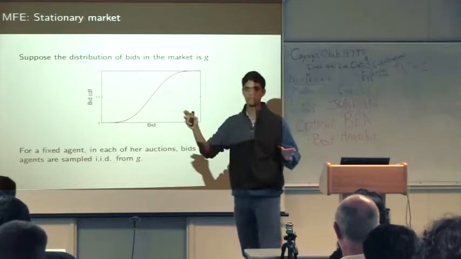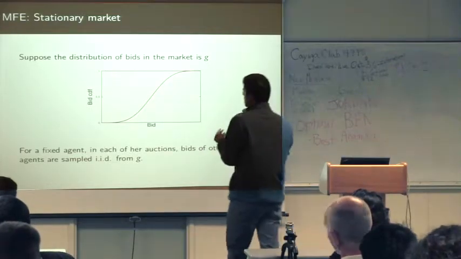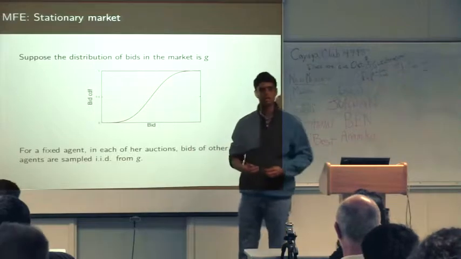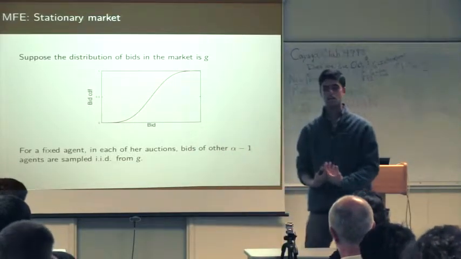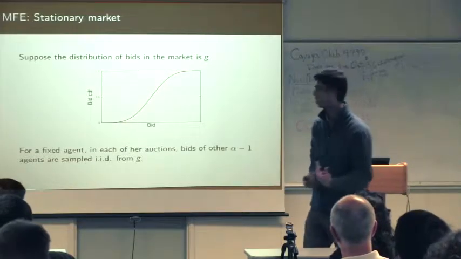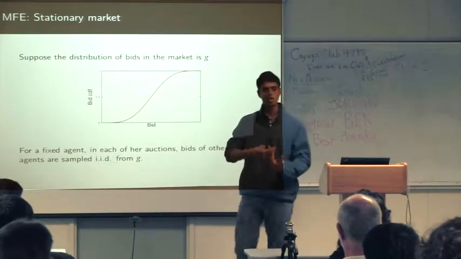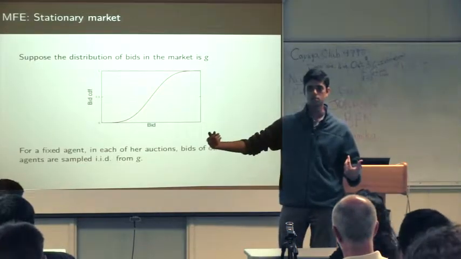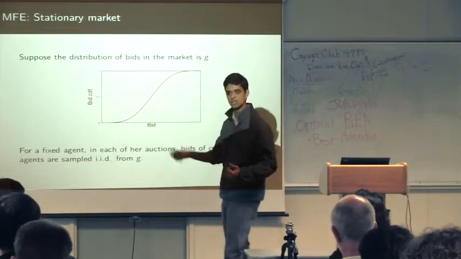So we look at a stationary market where the bid distribution is fixed, right? In particular, from a single agent's perspective, they participate in a sequence of auctions where each competitor's bid is drawn IID according to this distribution, say G, IID across bidders and across time. And we assume that it's a repeated second price auction.